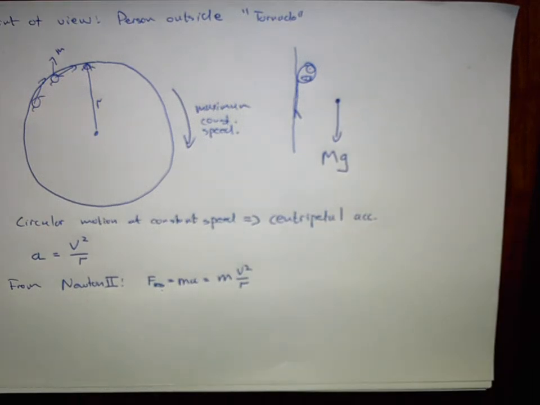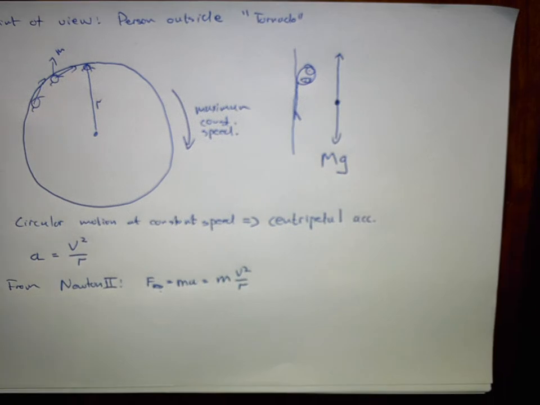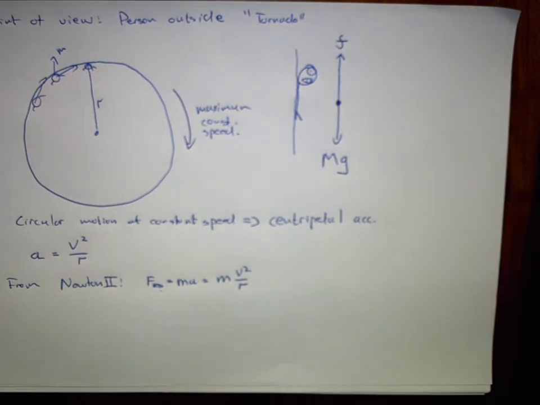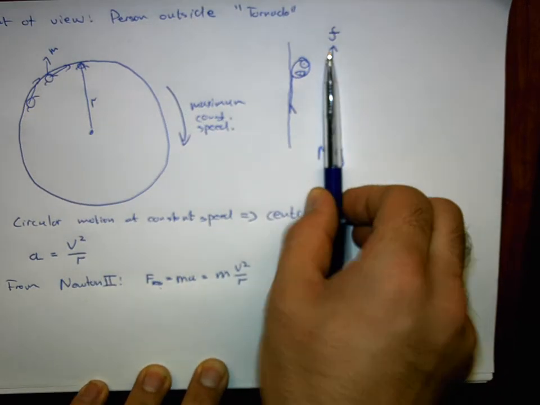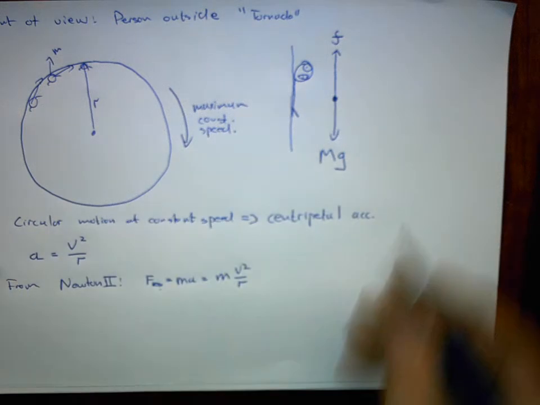But these people are not sliding, they're not falling away, even though the floor has been removed. So there must be some opposing force, and what's keeping them up there is the force of friction between their clothes and the wall. But that's not the only thing. That gives us the forces in the vertical direction. But we know these people are moving in a circle.